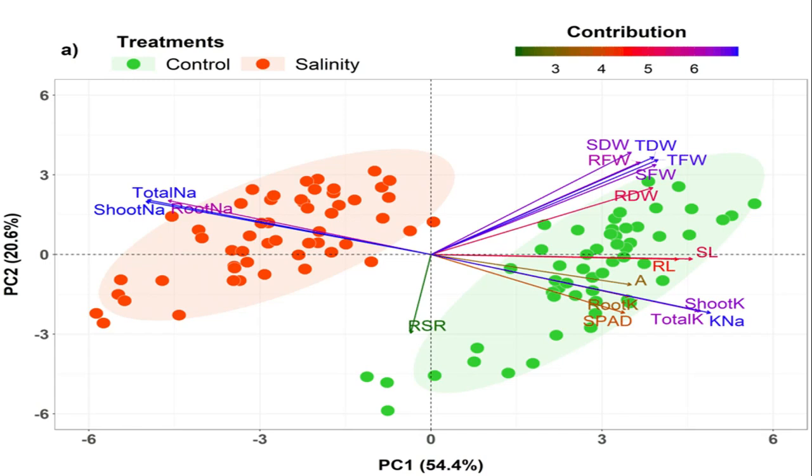On the x-axis, we have PC1 at 54.4%. We have SDW, TDW, RFW, TFW, SFW, RDW, SR, RR, and so on.